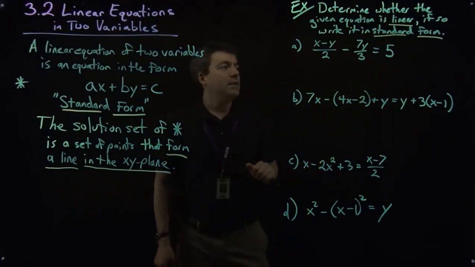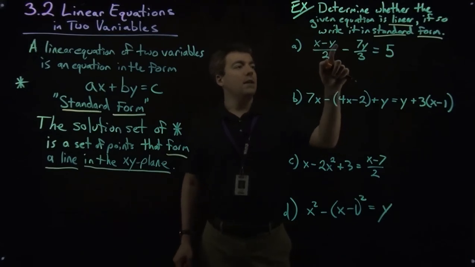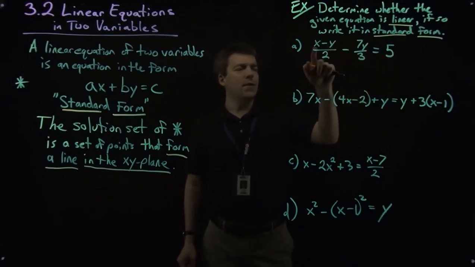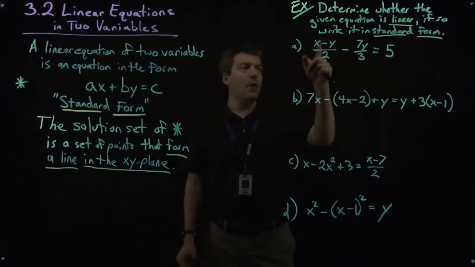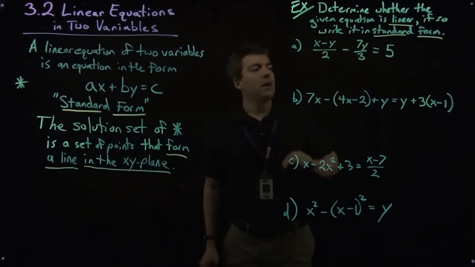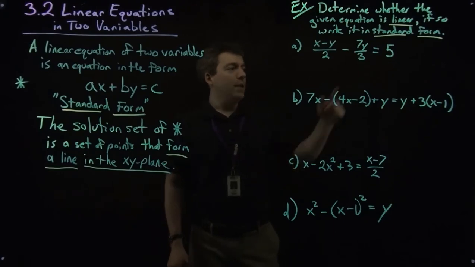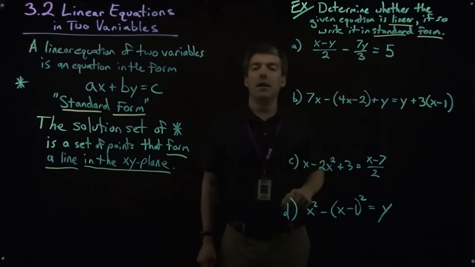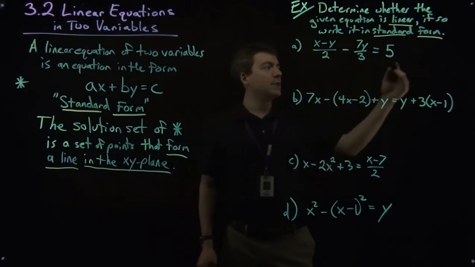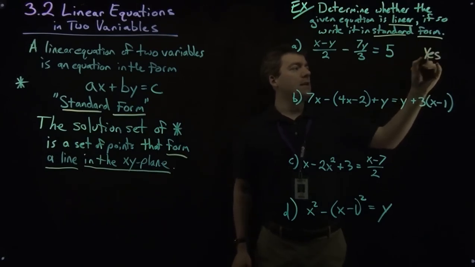Here we're looking at the variables, and you can see that none of them are being raised to a power. They're all to the first power. There is an x and there is a variable y. So this is a linear equation of two variables. So we'll go ahead and write yes, it is.